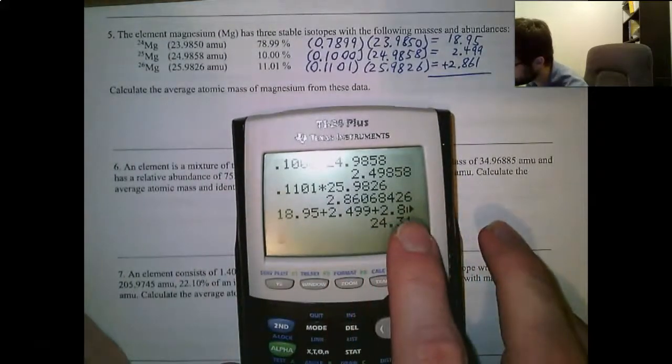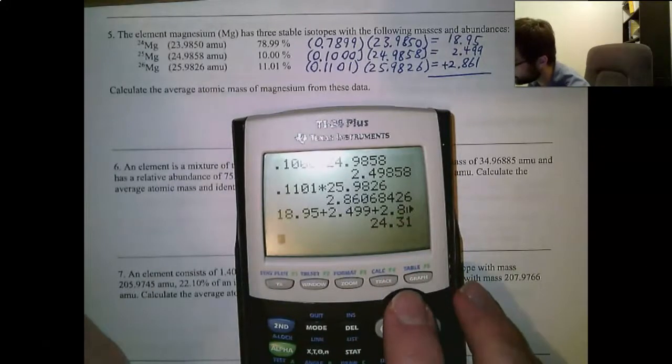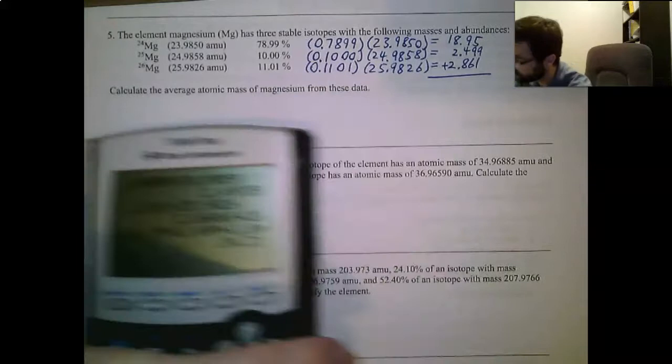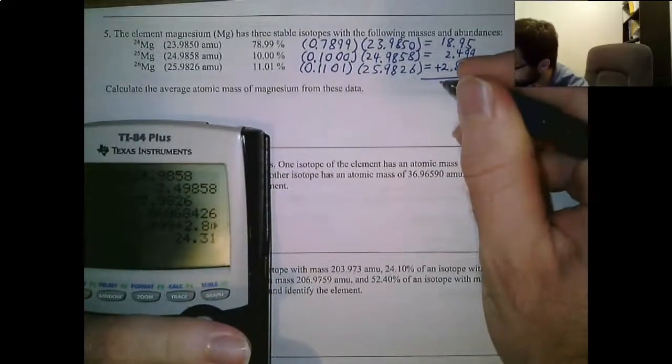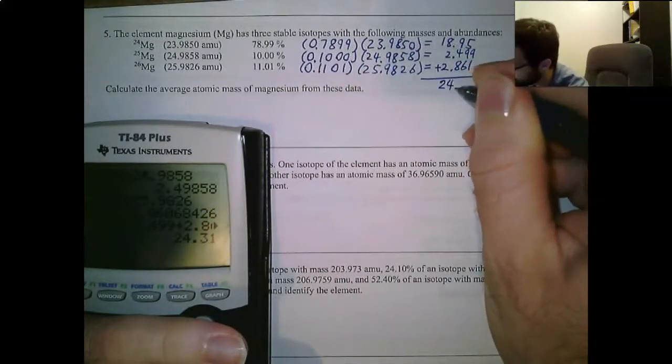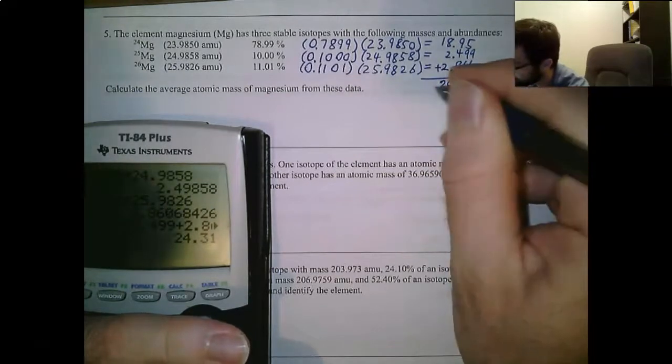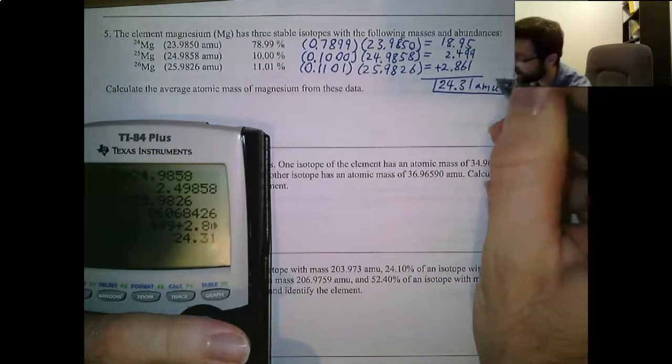Right, got 24.31 AMU. All right, that's one way of finding it.